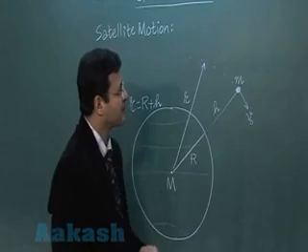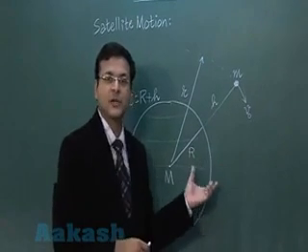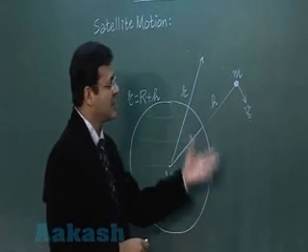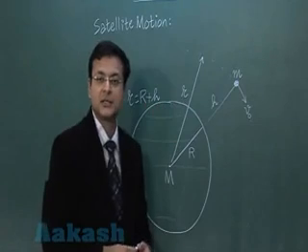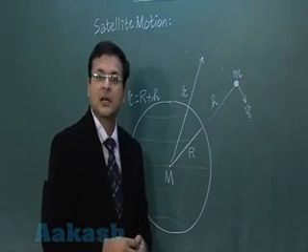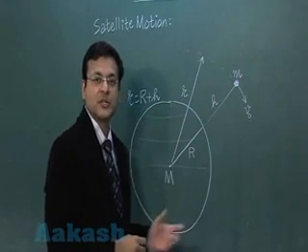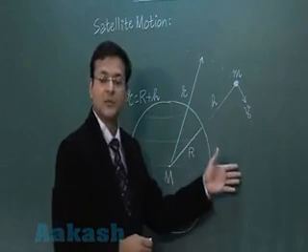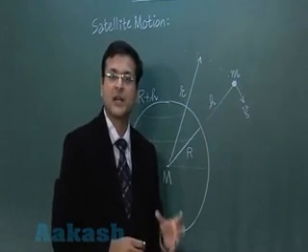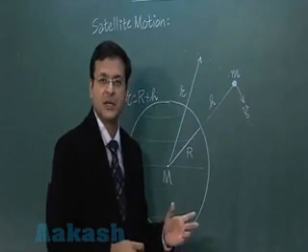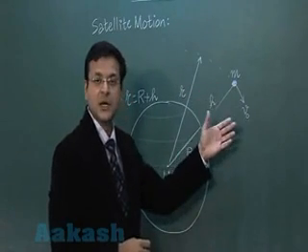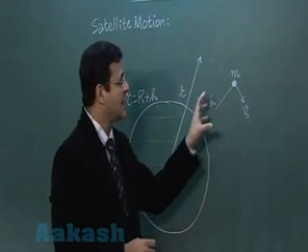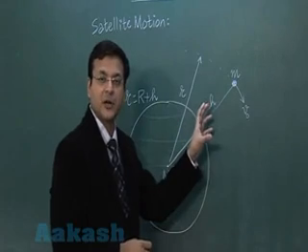First of all, try to understand why an object is rotating in a circular path. Recalling our earlier discussions of circular motion, we have always said that for a body to move in a circular path, it should satisfy two conditions. It should have a velocity, and it should always experience a perpendicular force.